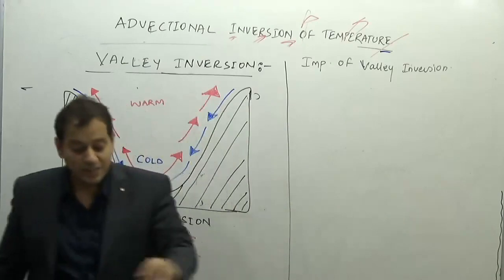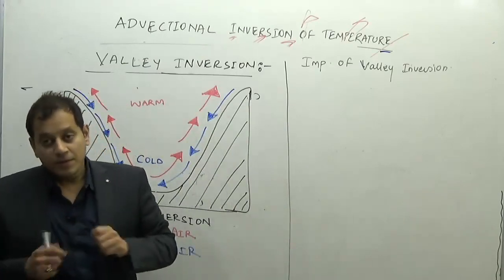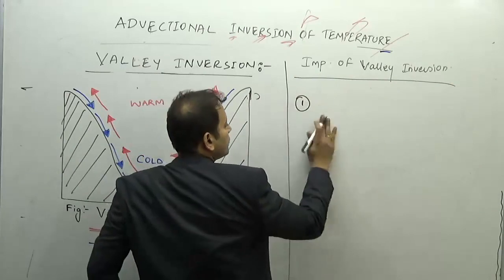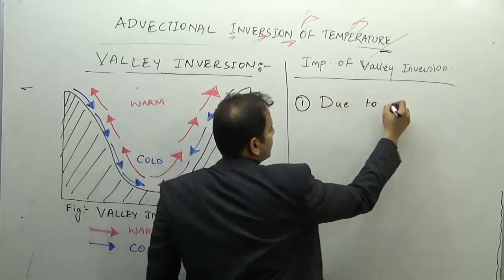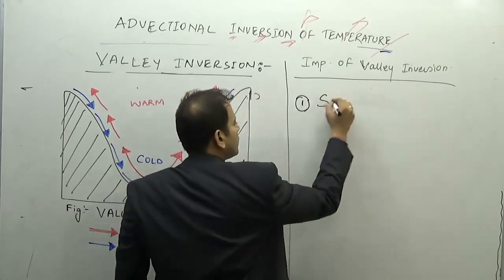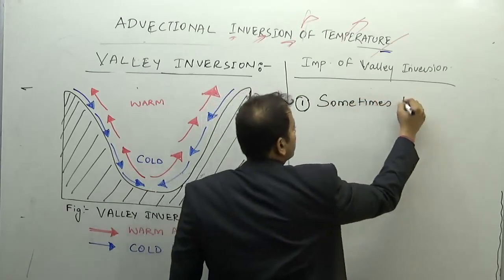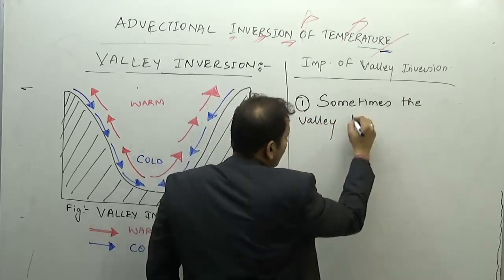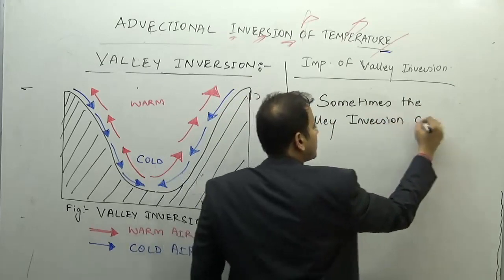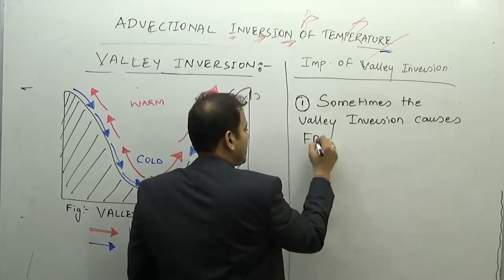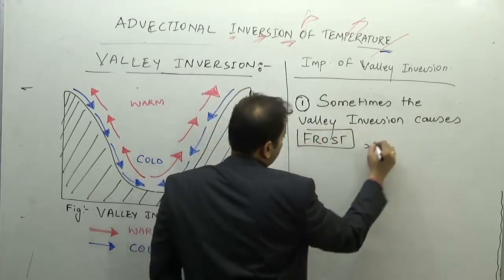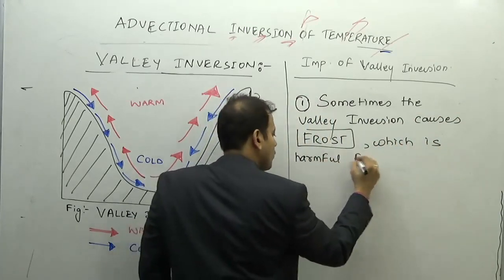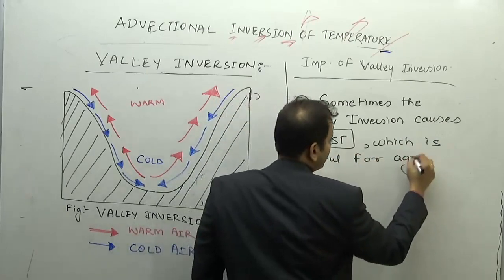So therefore, due to this, sometimes the temperature inversion, valley inversion, causes frost, which is harmful for agricultural crops.